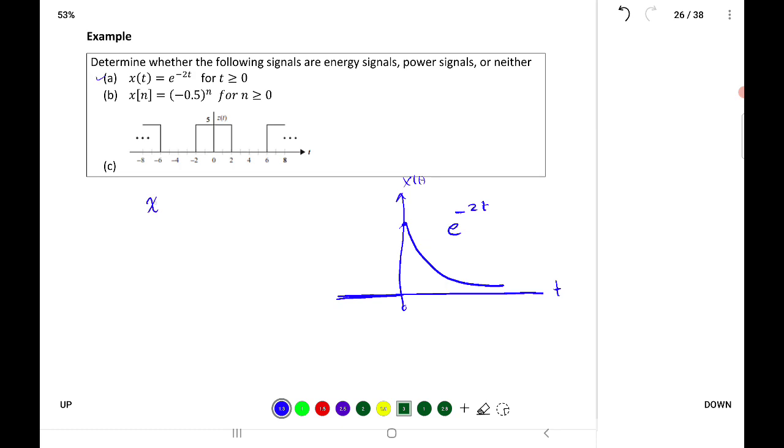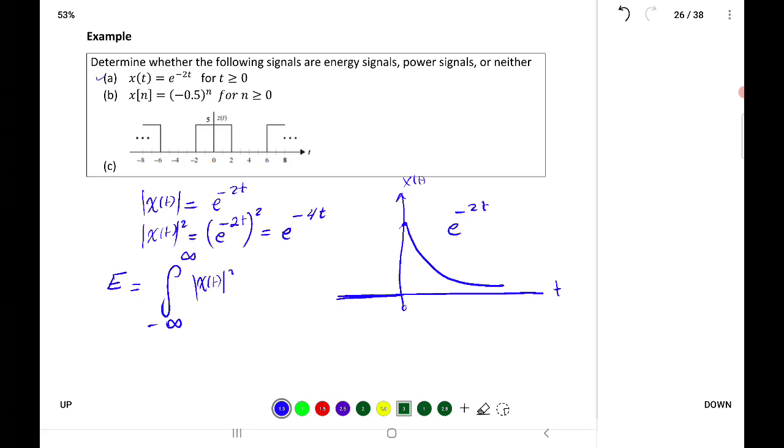First, I find the magnitude. Since it's a real value, there's no complex or imaginary part, so it will be the same, e to the power of -2t. And then you square it. So e to the power of -2t squared is e to the power of -4t. Then, according to the energy formula, we integrate from -infinity to infinity, x of t squared dt.